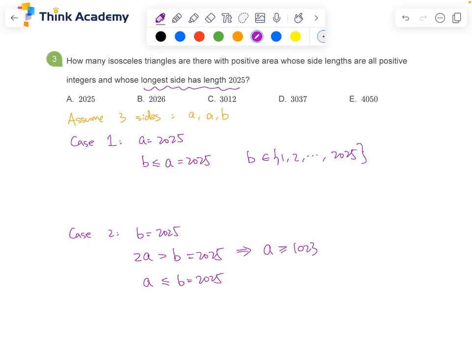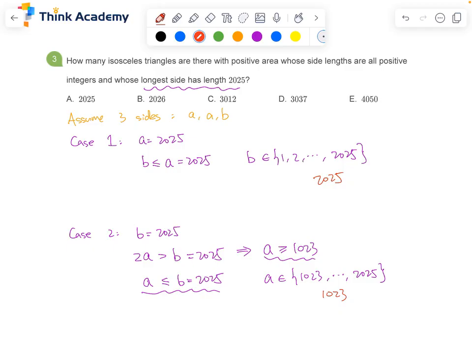So I can see that A is bounded by these 2 terms. Okay, so then I have A can just be from 1013 to 2025, giving a total of 1013 options. Okay, so then I can see that 2025 options for case 1 and 1013 options for case 2.